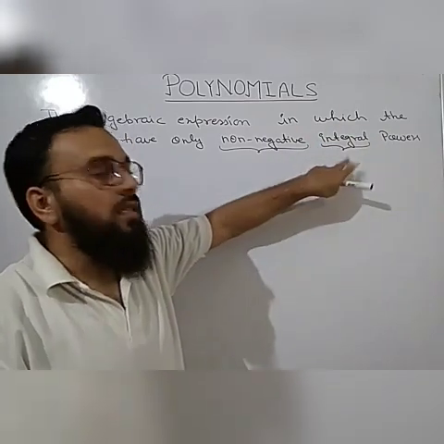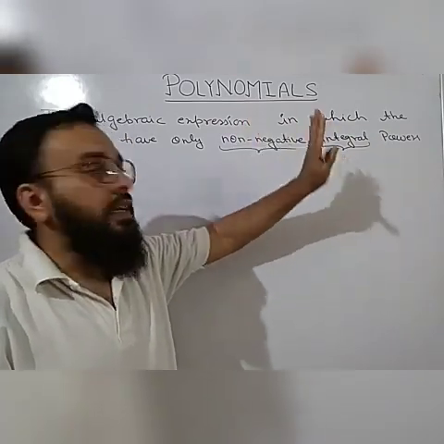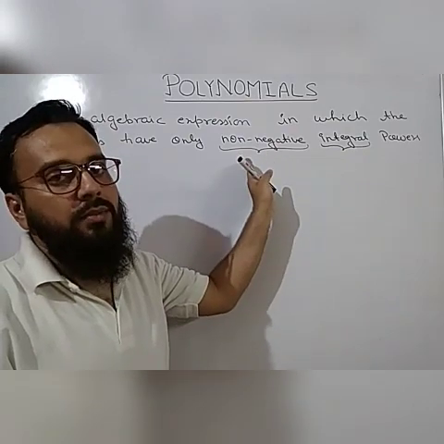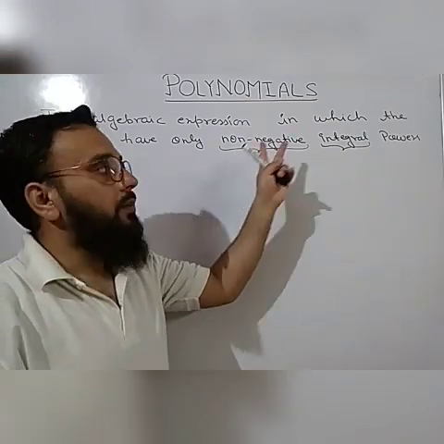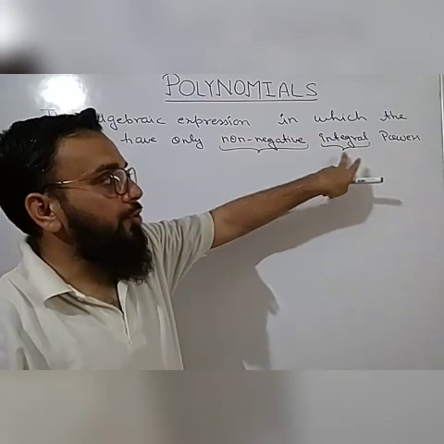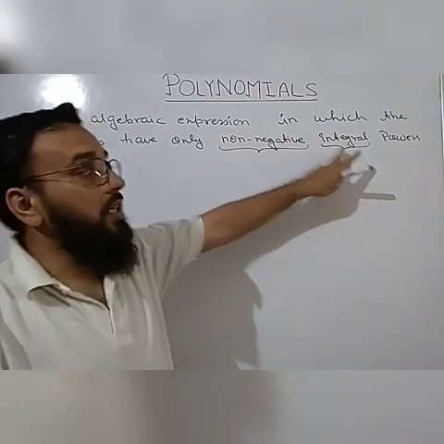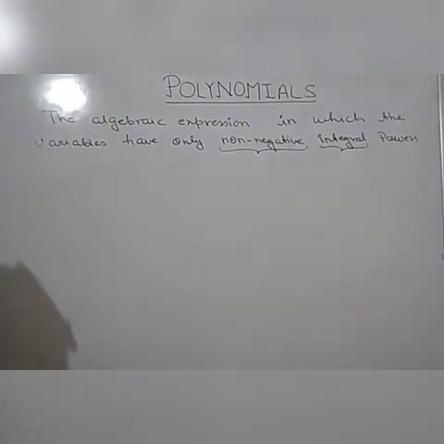So 0 can be considered, but the negative term will not be there. So such an algebraic expression is known as polynomial. Okay, so it is the definition of polynomial. The algebraic expression in which variables have only non-negative integral powers is known as polynomial.